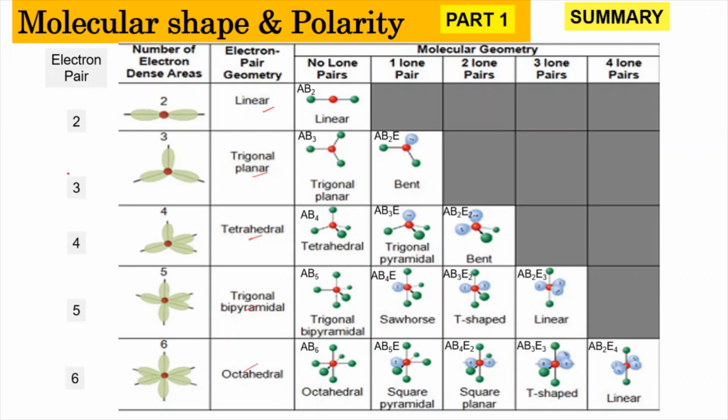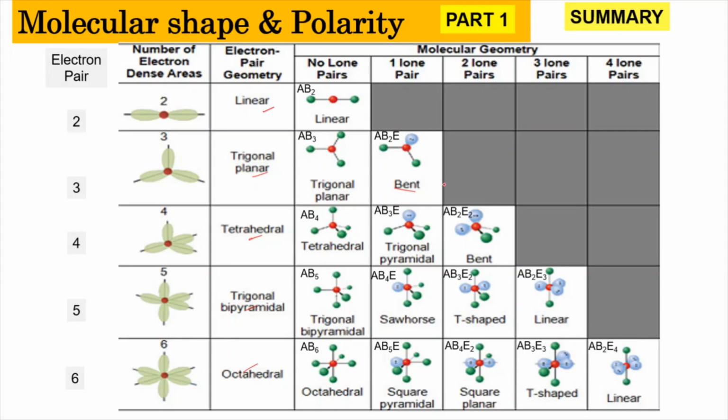Let's say for electron pair number 3, you can adopt a trigonal planar structure when all the terminal atoms are bonding pairs. And when the molecule has one lone pair and two bonding pairs, then it is going to adopt the bent structure. So this slide will be very helpful to us in order to determine the correct shapes.